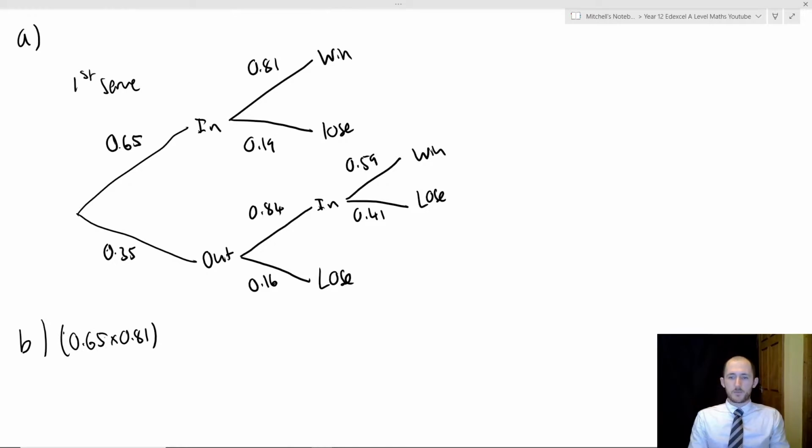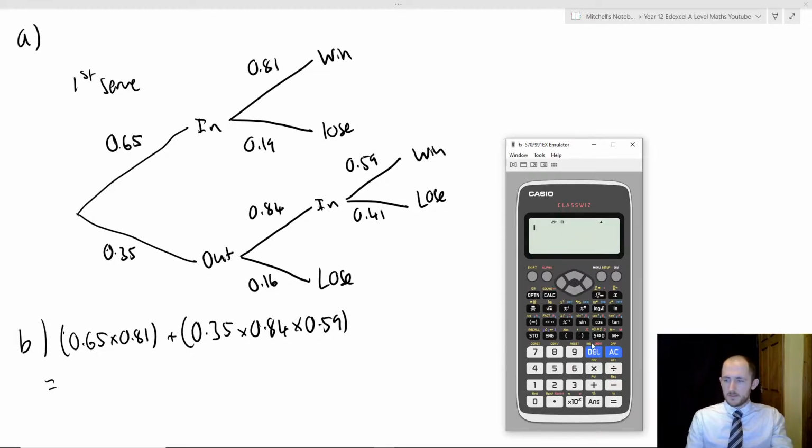But there's also another option. She can miss the first serve, then get it in, then win, which would be 0.35 because she misses the first serve, times 0.84 getting it in the second time, and therefore 0.59 for winning once she's got it in on the second serve.